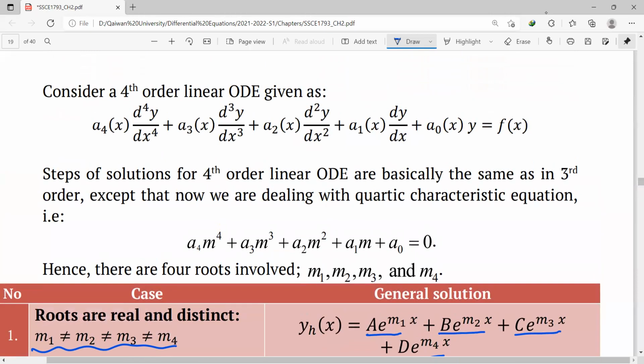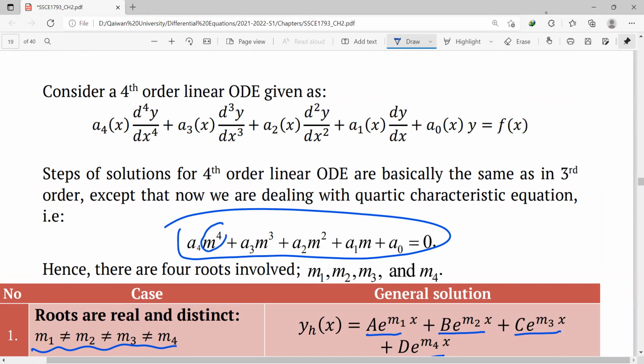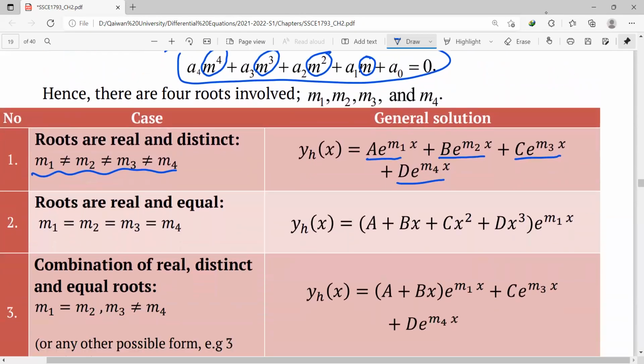But here, for the characteristic equation, we replace y to the fourth prime by m to the power 4, y triple prime by m cubed, y double prime by m squared, and y prime by m. Okay. If the characteristic equation has four different real roots, the homogeneous solution is in this form.